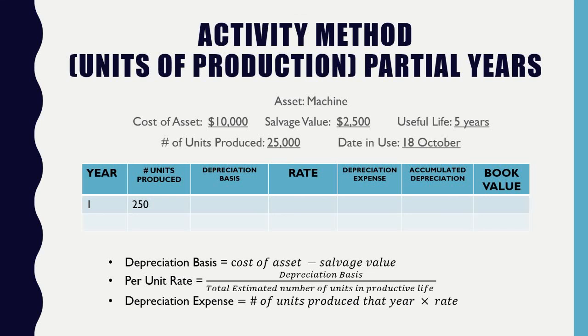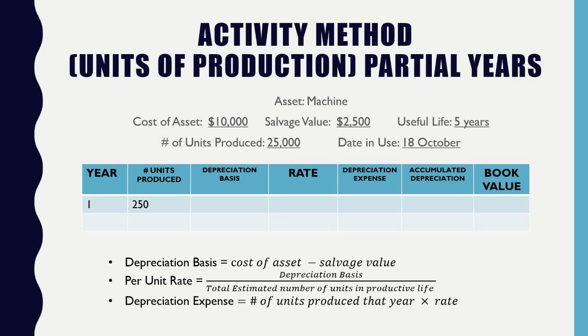If I have a total of 250 units that I produced, what's my depreciation basis? What's my per unit rate? And what's my expense going to be? So depreciation basis: 10,000 minus 2,500, 7,500. 7,500, good.